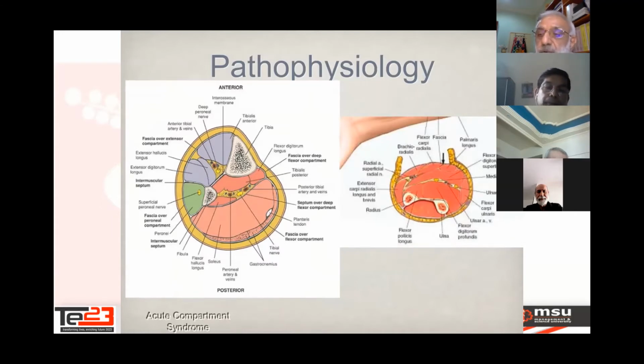And based on that, what could be the signs and what could be the symptoms. So this is learning about the pathophysiology of a compartment syndrome by applying previously acquired anatomical knowledge about it.